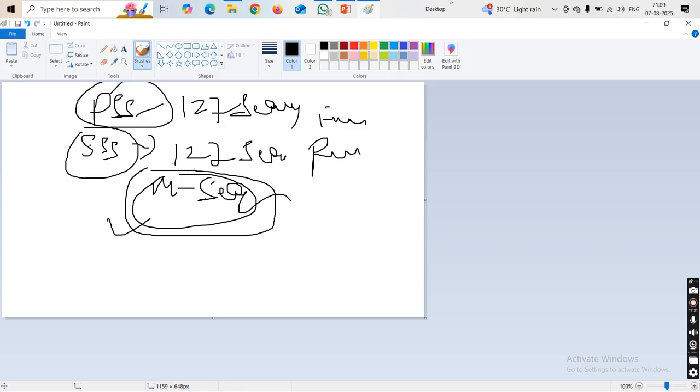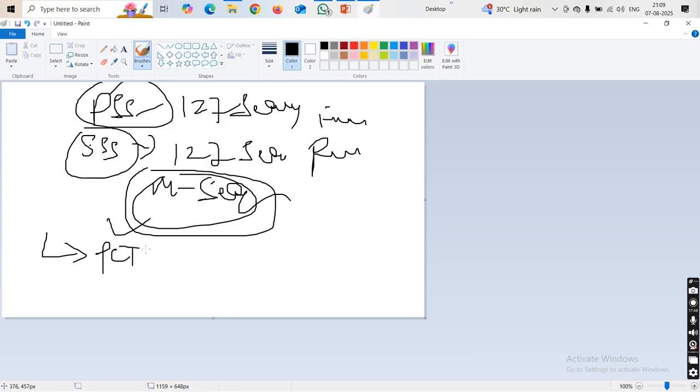Right, now this part we know. The next thing we need to understand is that after SSS decoding, you can calculate the full PCI. How can it be calculated?